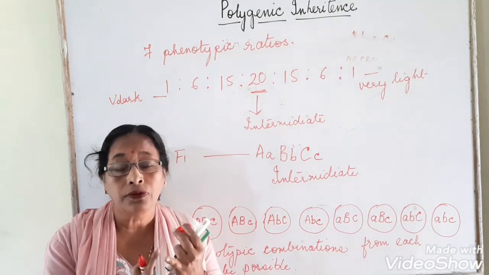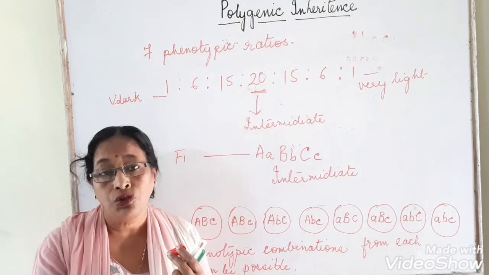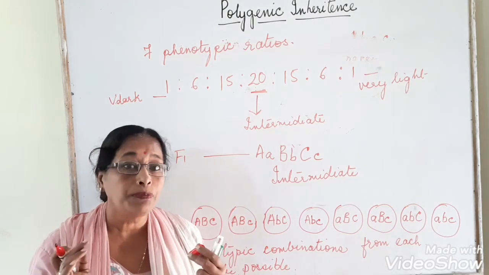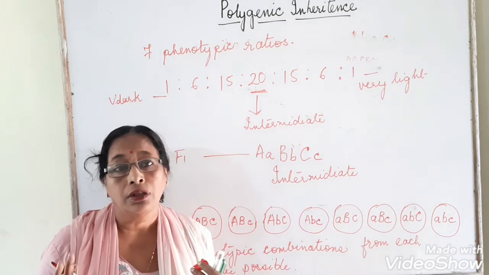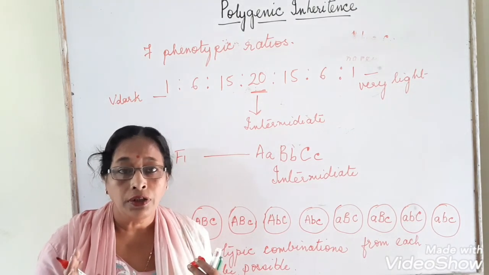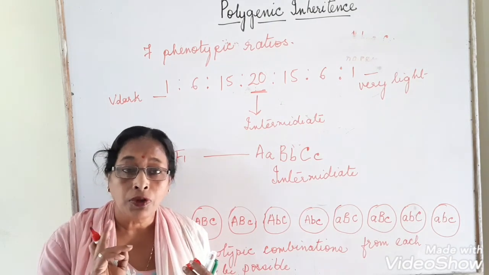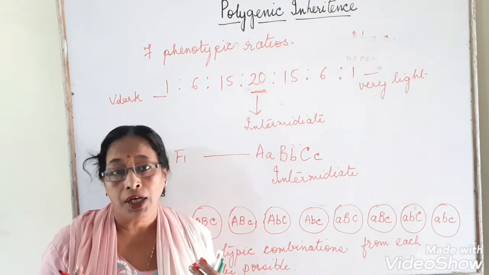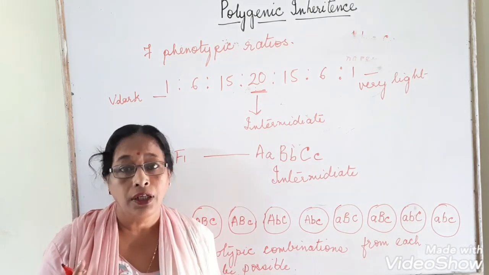In human beings, the color of the skin, the height of an individual, and the intelligence of a person are also inherited by polygenes. The production of milk in cattle is also an example of polygenic inheritance.